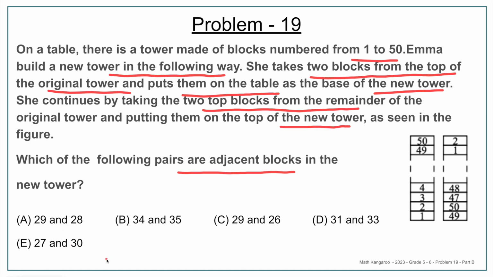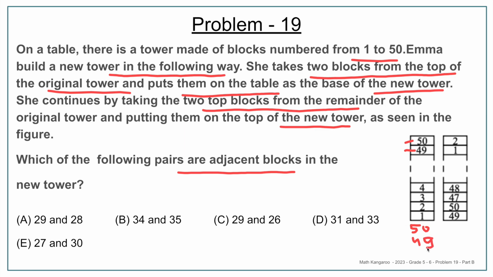These are our options. The original tower has 1 at the bottom and 50 at the top. Emma takes the top two blocks, 50 and 49, and places them at the bottom of the new tower as 50 and 49.